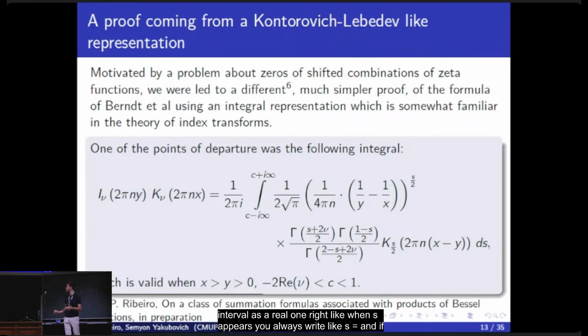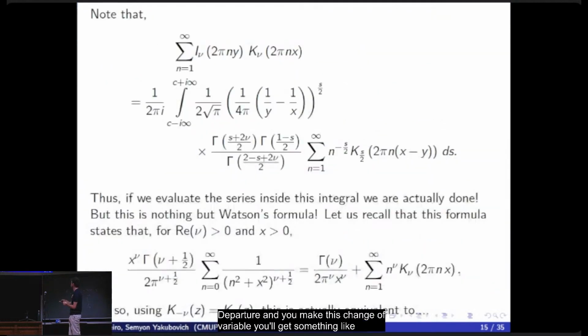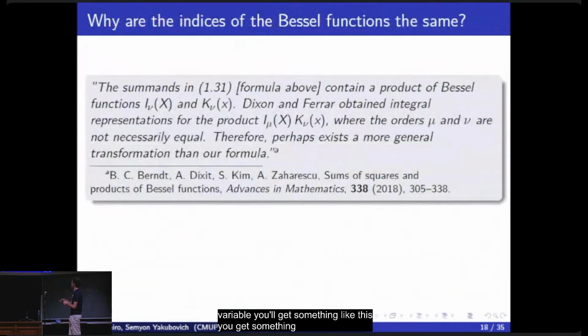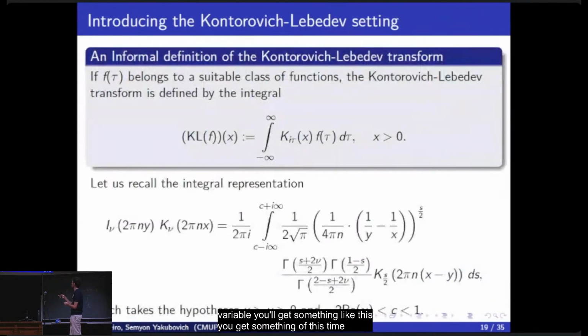If you take the integral that is the point of departure and you make this change of variable, you'll get something of this type. Okay? You get a function multiplied by the MacDonald function evaluated at an index that is purely imaginary. And this is usually how the Kontorovich-Lebedev transform is introduced.